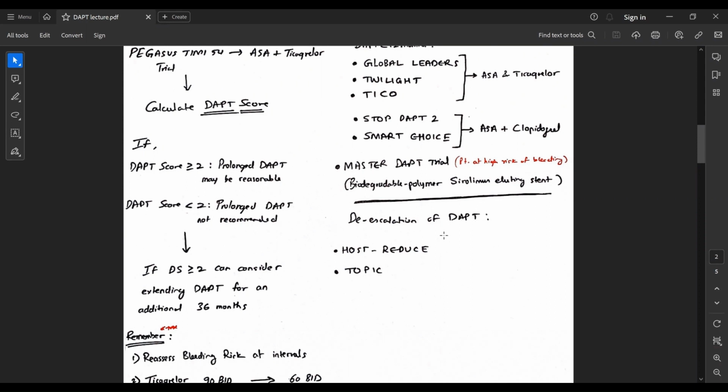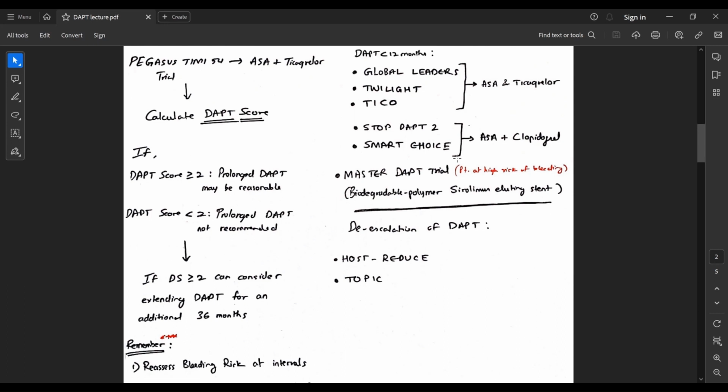And they found that 1 month of DAPT was non-inferior to continuation of DAPT for an additional 2 months in the patients with high risk of bleeding, in regards to occurrence of net adverse cardiovascular events, and also the incidence of major or clinically relevant non-major bleeding was lower in the experimental group. So this is also one of the trials that showed the benefit of short-term DAPT.